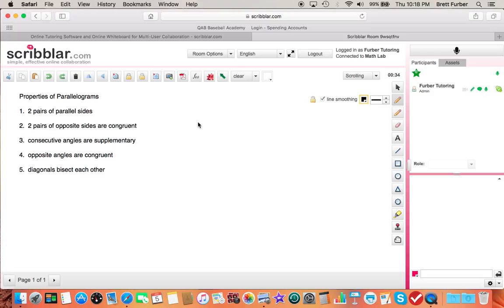So let me draw that parallelogram. Okay, and it's labeled E, F, G, H. And again, some information is given to us.